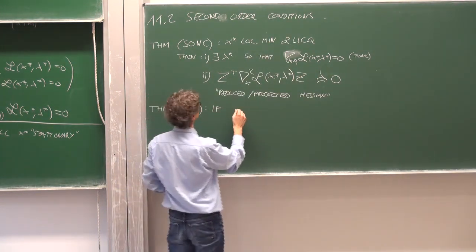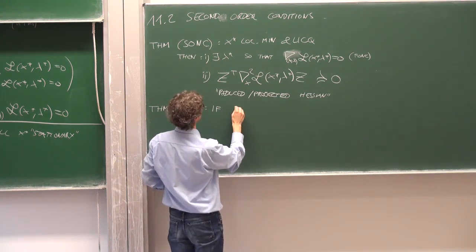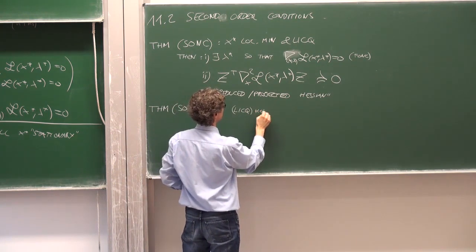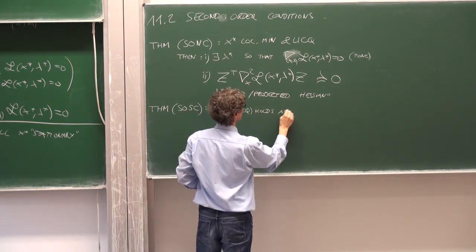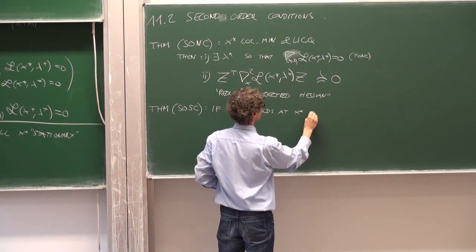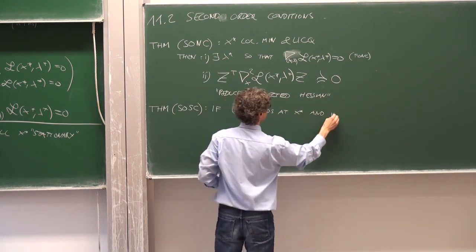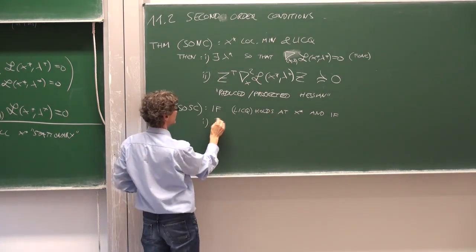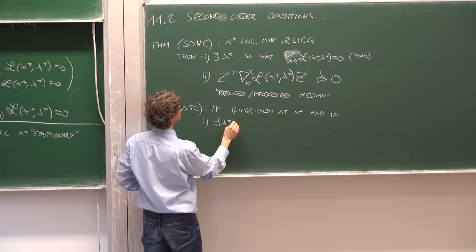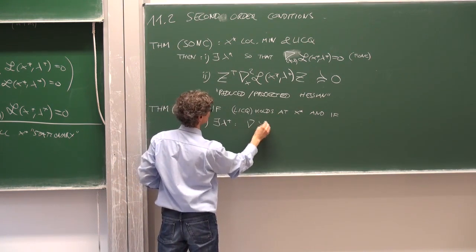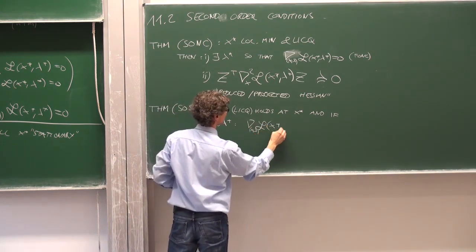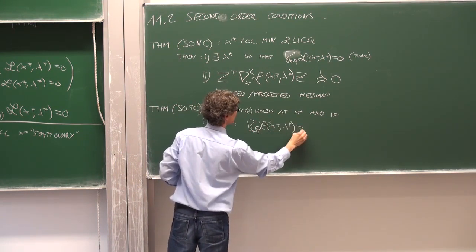So if LICQ holds at x star, and now I repeat the two conditions, slightly differently, if there exists a lambda star so that it's a stationary point, the gradient of the Lagrangian at x star, lambda star equals 0.